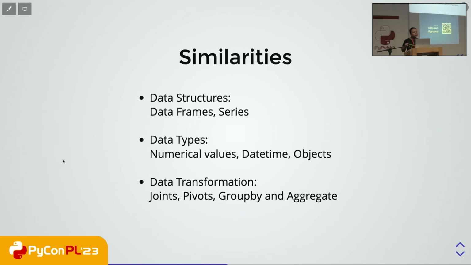Polars also has different data types, so it can handle a whole bunch of different data types just like Pandas. For example, numerical values have all these different types of integer. In Pandas, a lot of the time we just generate that integer, but actually you can specify how big the integer is, like int32, int64 and things like that.